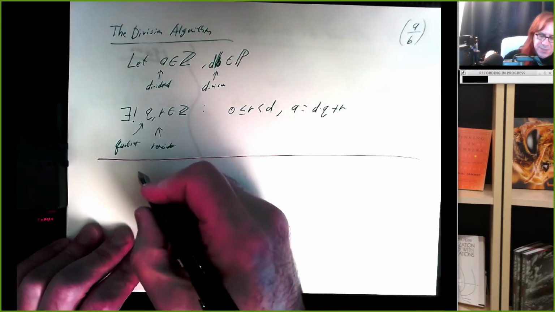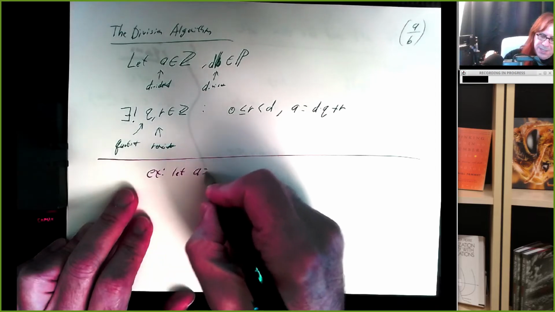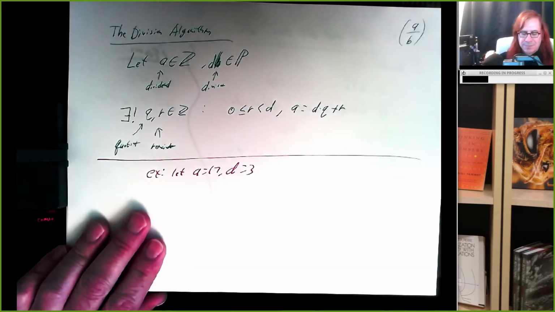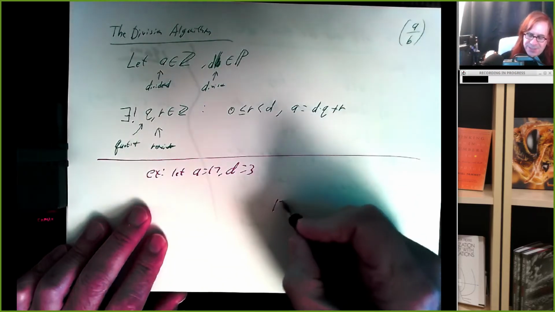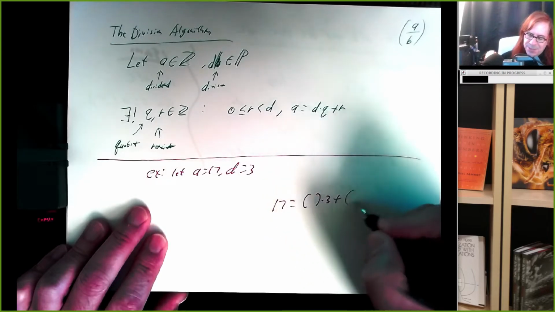Okay, so what does this mean? Example. Let A equal 17 and D equal 3. This theorem is saying that we can write 17 as something times 3 plus something else.